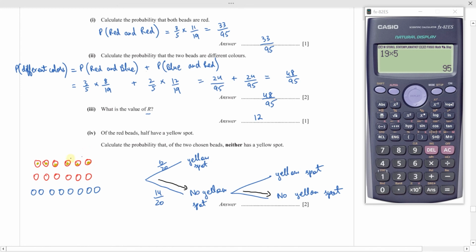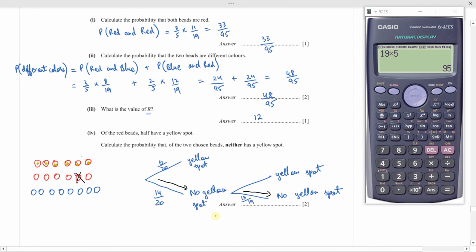So let's cancel out this one. You picked this one. So now you have how many beads left without a yellow spot? This one is gone. So there were 14 initially. Now you have 13. And how many total beads left in the bag? You have picked 1. So you're left with 13 over 19.